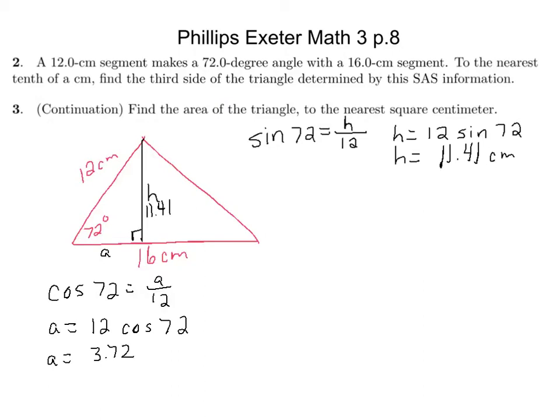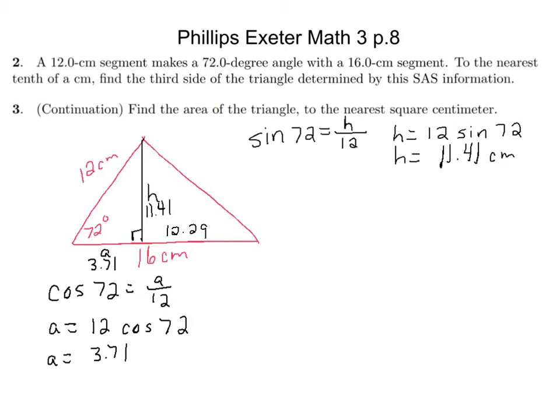Oops, I just put 7.2. 3.71. Okay. So now I have 3.71 there. So how am I going to find this side now? Subtract it. So 16 minus 3.71 is 12.29.